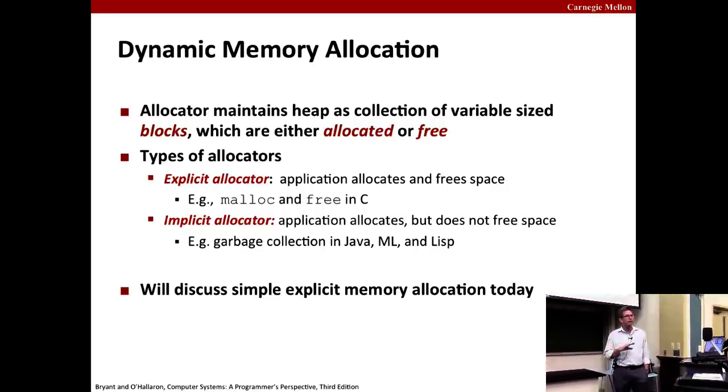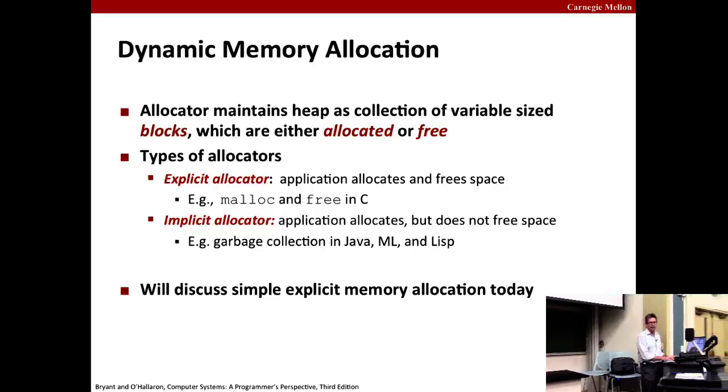The burden of freeing the memory is shifted from the application program to the system, and it frees this memory implicitly, behind the scenes, using a process called garbage collection. Languages like Java, ML, and Lisp all support implicit allocators. Now today we're going to discuss explicit memory allocators. On Thursday we'll get into implicit allocators and how they work.